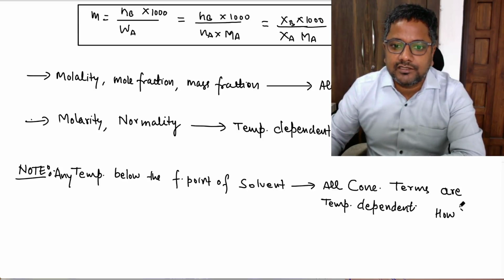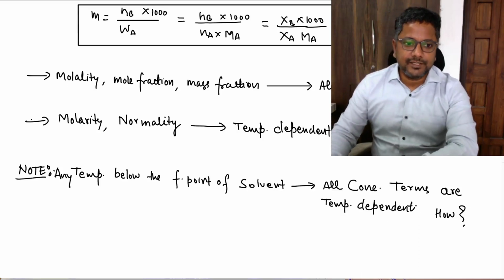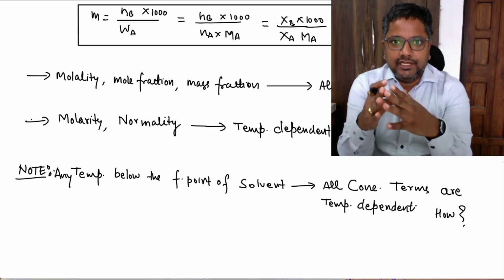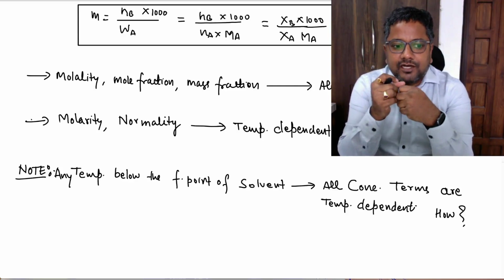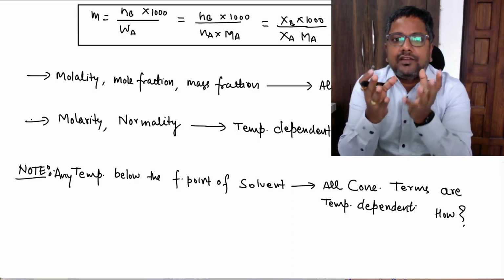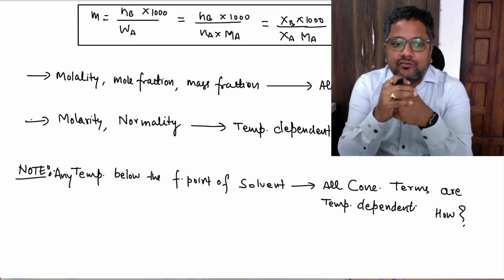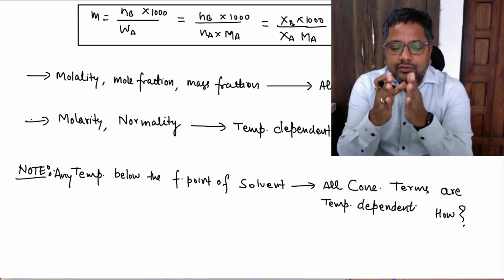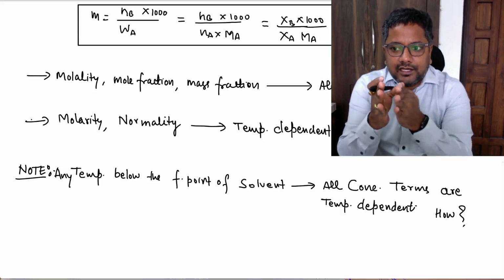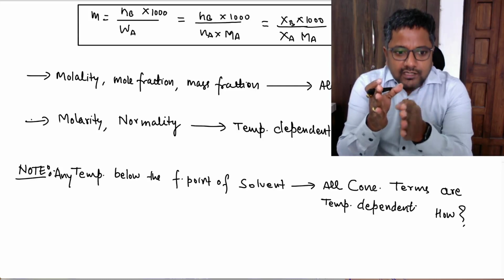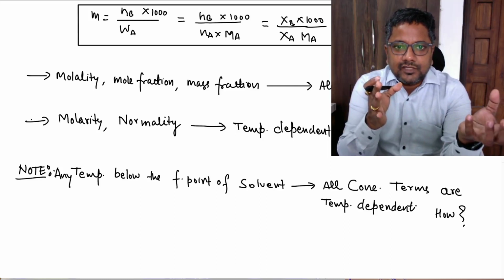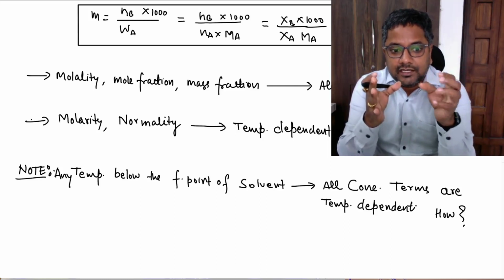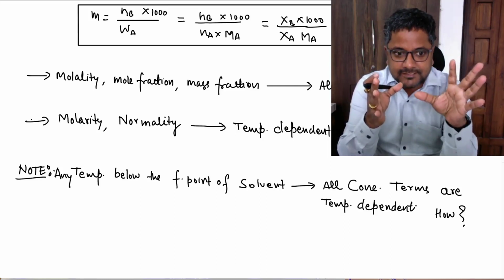Again, the question arises how? See, when you freeze any solution, solvent will freeze out, and the frozen part of the solvent will constitute the heterogeneous part of the solution. For example, take an aqueous solution. When you lower its temperature, water will freeze below 0 degrees Celsius and appear as ice, because freezing always takes place for pure substances.